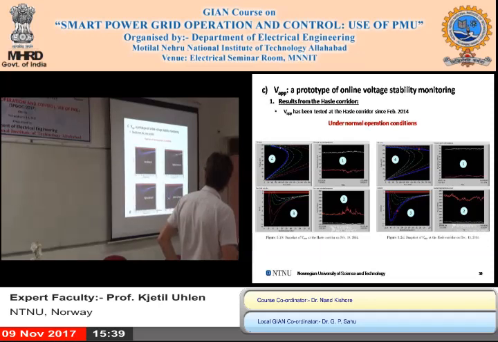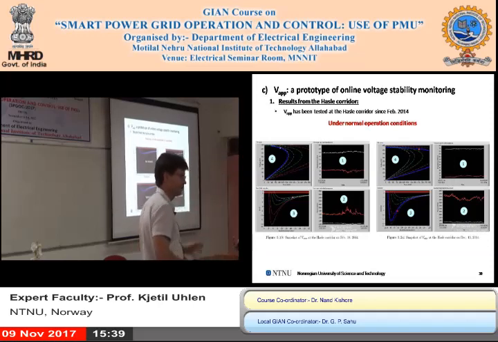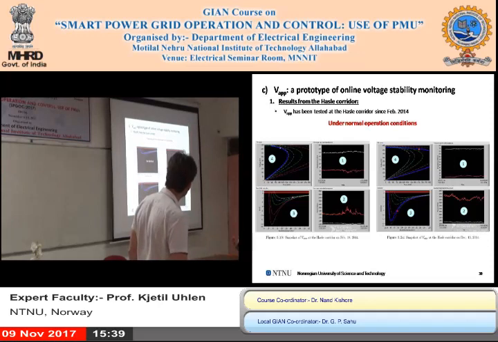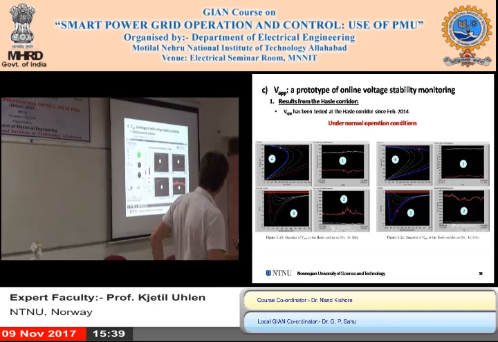And this is also at a high demand, but with a little stronger grid. Unfortunately, there hasn't been a collapse yet, so I couldn't show you that side. It has also been tested on a sub-transmission grid at the 132 kV network. The same kind of results, basically.